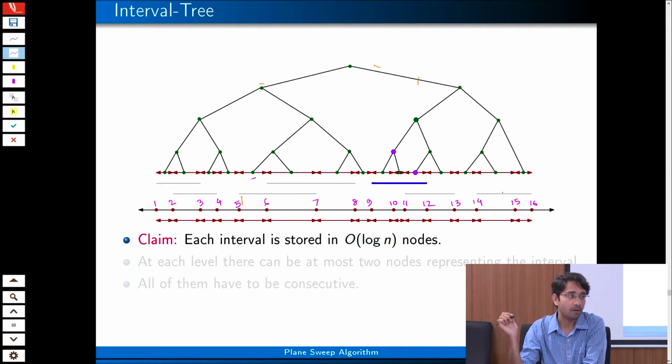So what am I doing wrong? 15 shouldn't be there. Then yeah. I maybe mistakenly deleted one interval.